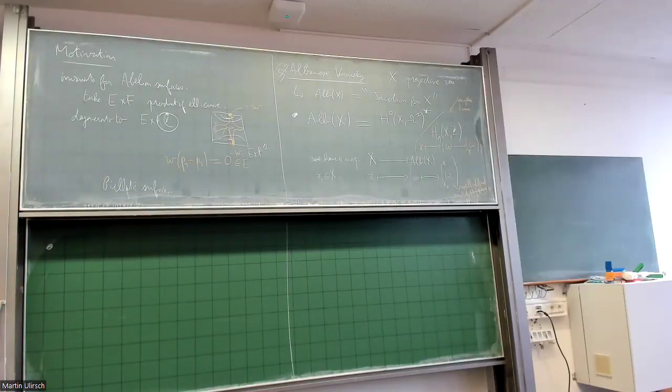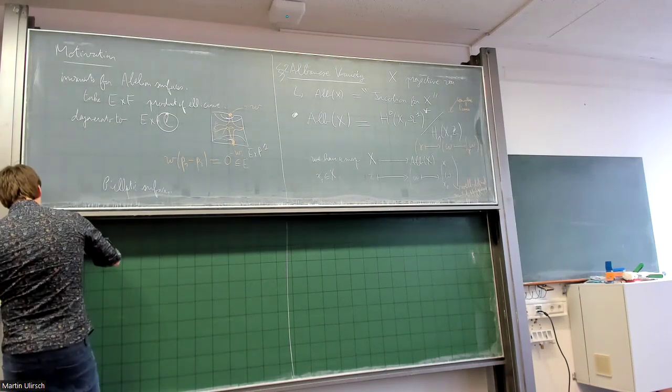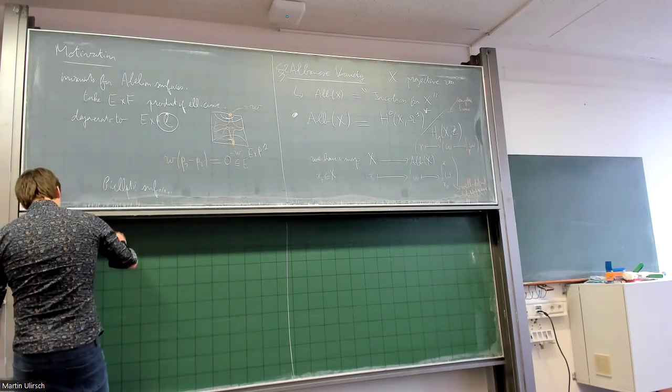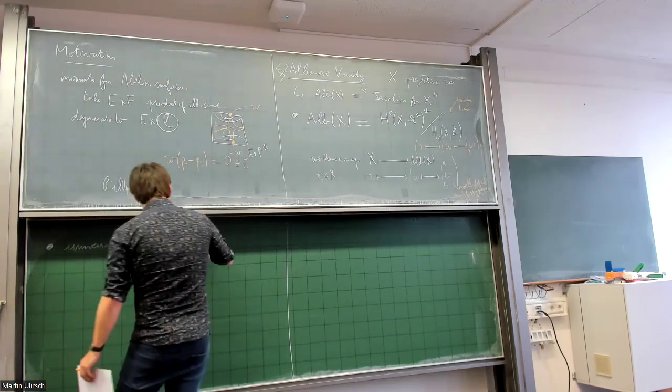Then the Albanese variety satisfies a bunch of interesting properties. Like first, it's universal for maps to abelian varieties.